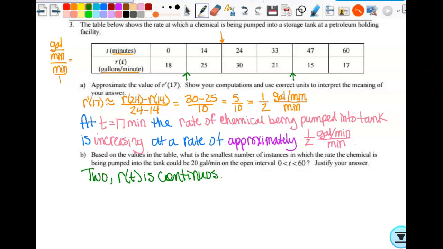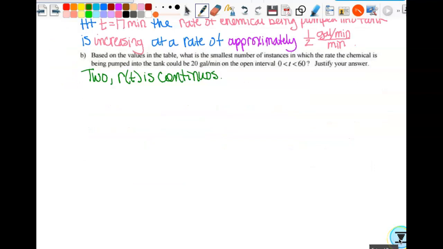So R of t is continuous, all right? And then we can say that 20 is between 18 and 25 for t between 0 and 14, right?